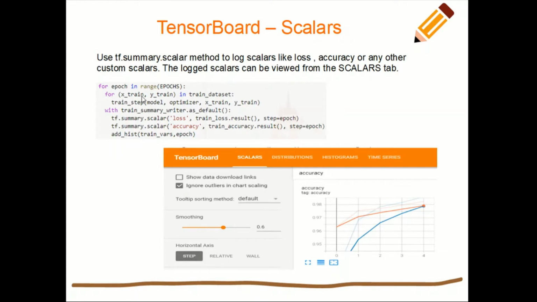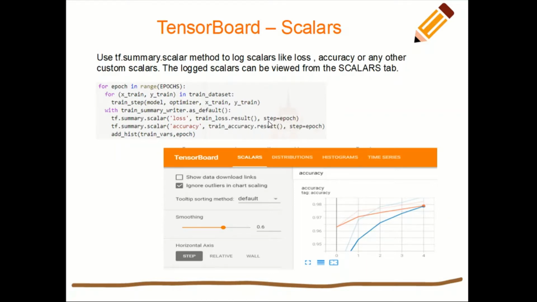So this is what our data is over here, and what we are doing is we are creating a writer as usual. So we have this writer already created, train_summary, and then we use tf.summary.scalar, and then we give a name of the metric like loss, and then we basically capture the loss here and the accuracy here.